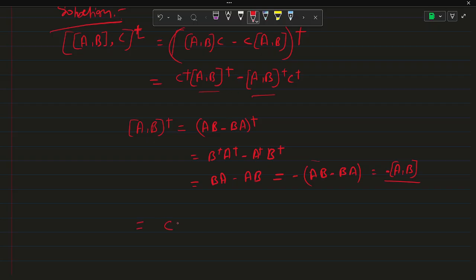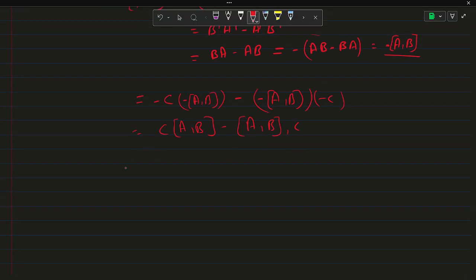We will get C dagger is minus C, minus AB, minus the commutation of AB with minus C. So this will give C AB minus AB C. Taking the minus outside, it will be AB C minus C AB.